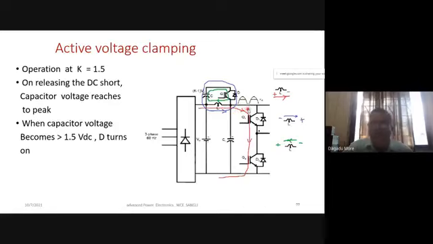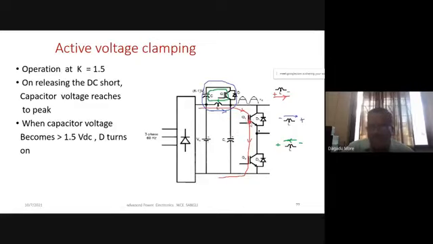When Q1 and Q4 are turned on, the voltage across the capacitor will become zero. Because of this, complete VD will appear across the inductor, and the inductor current will try to increase at a higher rate.